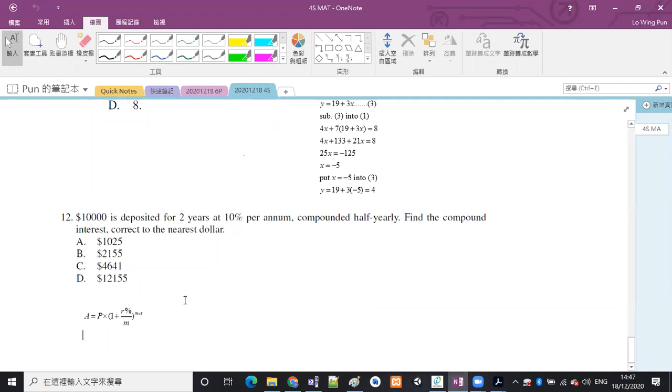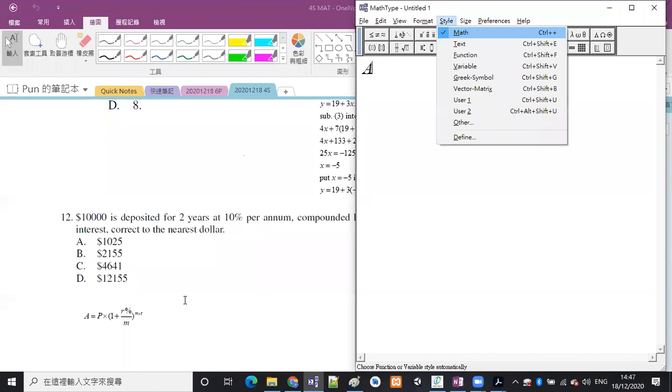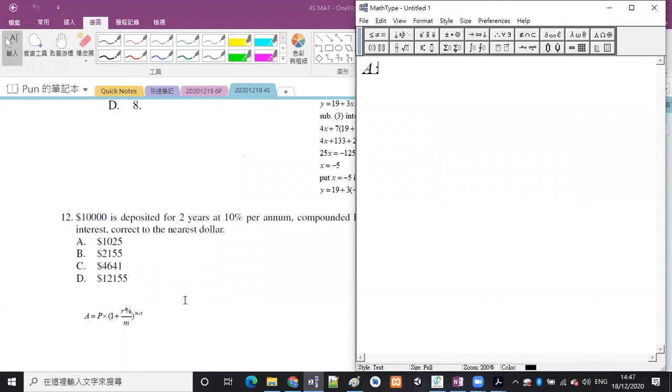OK，嗱我寫埋出嚟先啦。A is the amount, and then P is the principal, and R percent is the interest rate, and then T is the number of years.